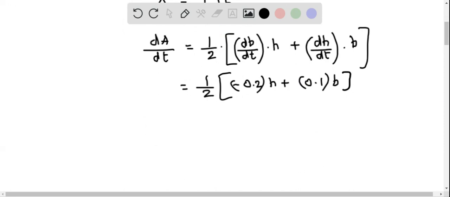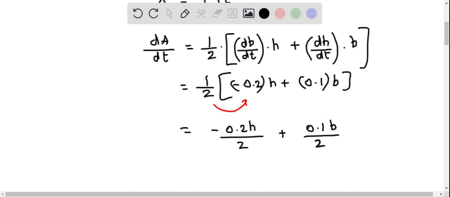Let's simplify this. I'm going to distribute this half into the two terms inside the brackets. So therefore this becomes negative 0.2 times H by 2 plus 0.1 B over 2. We can simplify this.